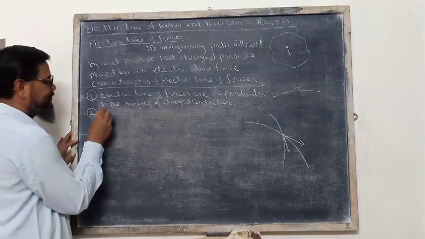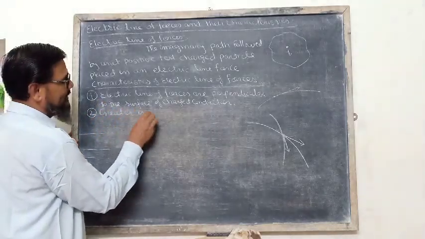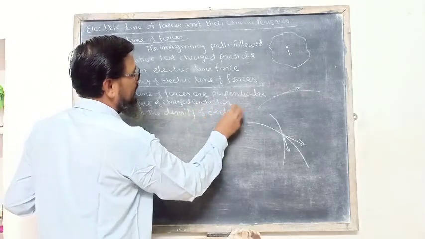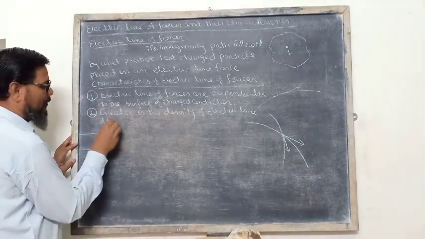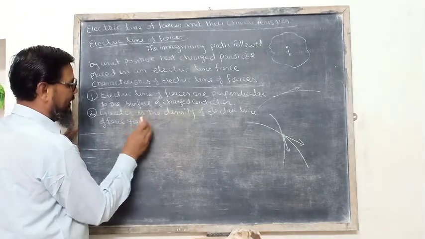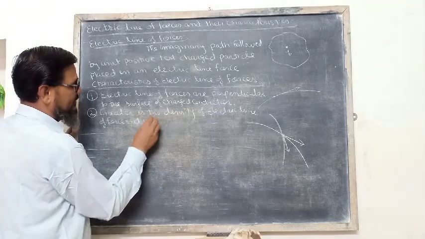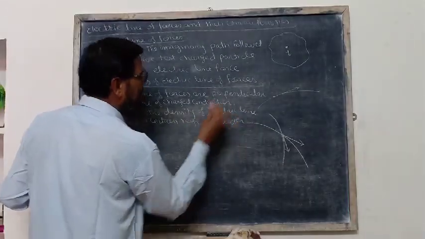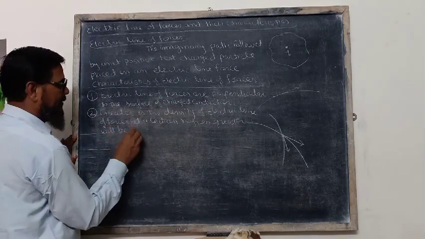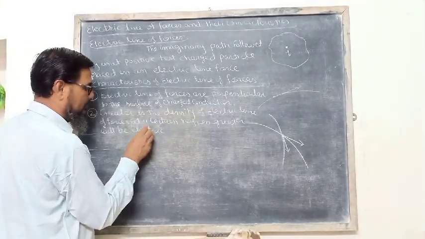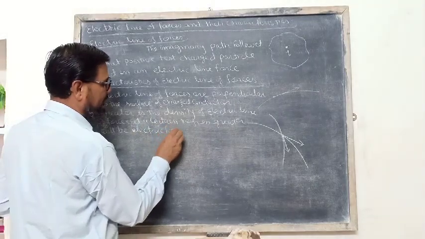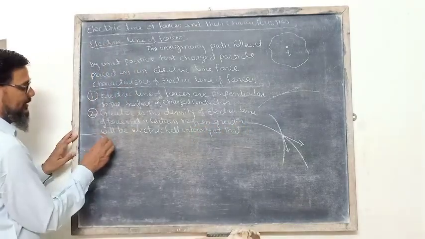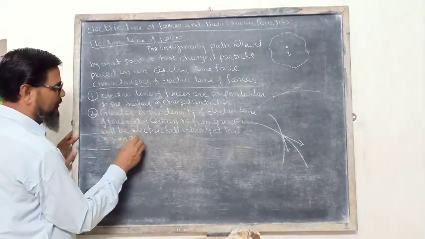The second characteristic is, greater is the density of electric lines of force at a certain region, greater will be electric field intensity at that region, or vice versa.